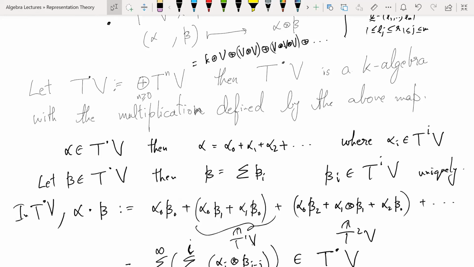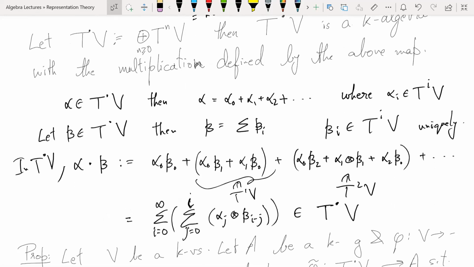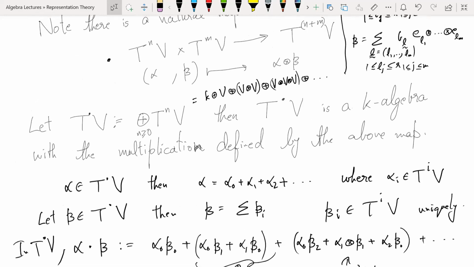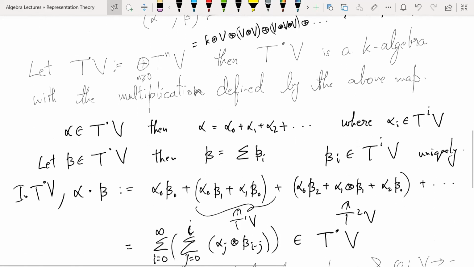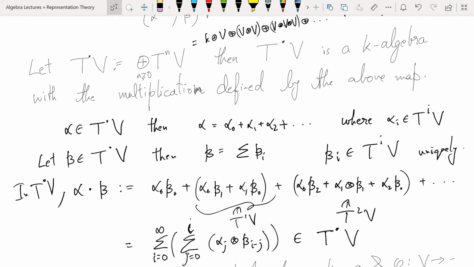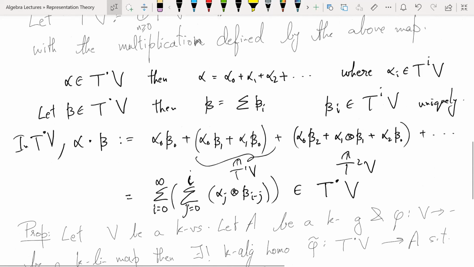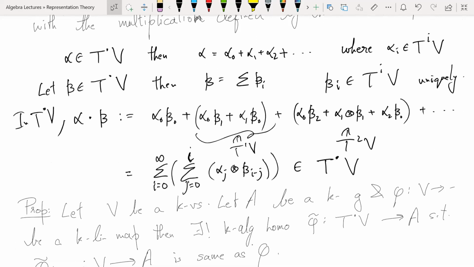So associativity one has to check, and one also has to check distributivity. All that you just have to check at this level. Distributivity is more or less forced; we are trying to force the distributive law. But anyway, one has to check that this is an algebra. This is indeed a ring, and hence becomes a K algebra.